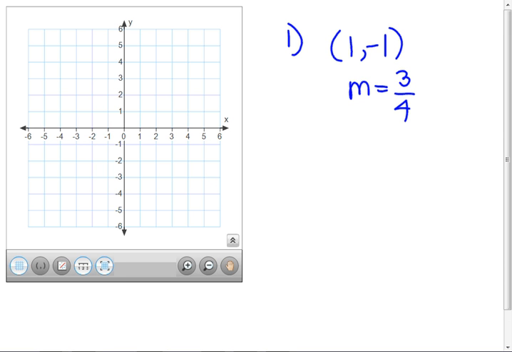I'll just do this up here instead. Go over here. www.mathbits.com. Okay.